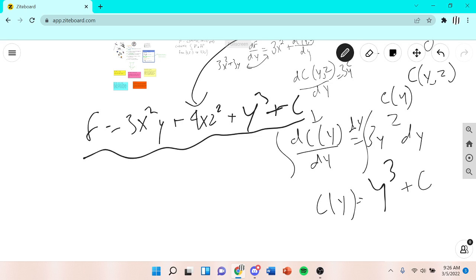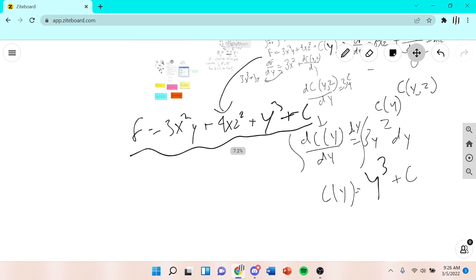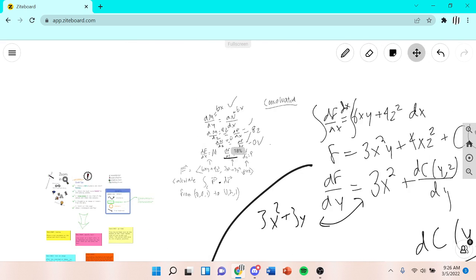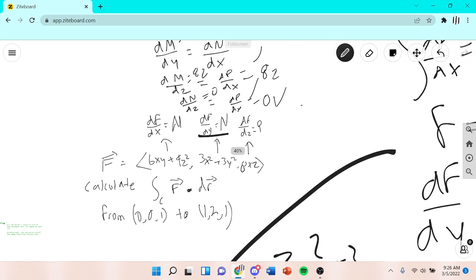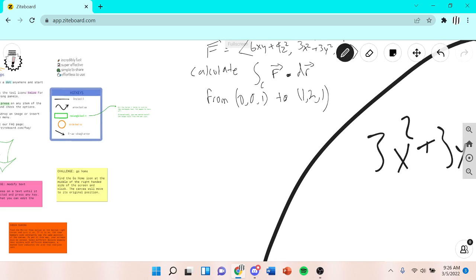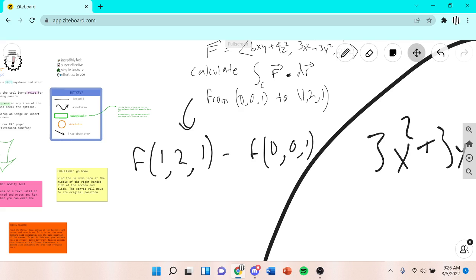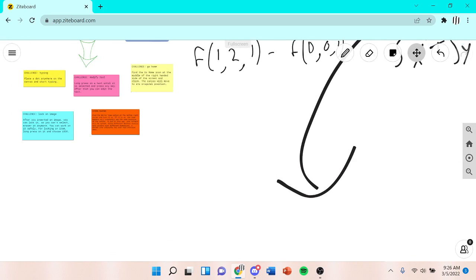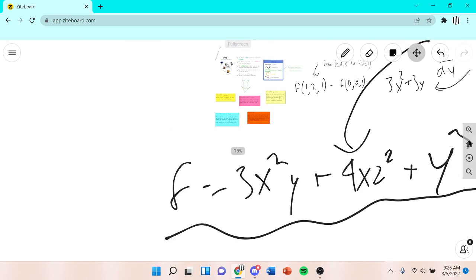Now we have to solve. We found our scalar potential function, but now we have to solve the line integral. This is actually now pretty simple. All we have to do is take f of 1, 1, 2 minus f of 0, 0, 0 to solve this, because we use f as our scalar potential function.